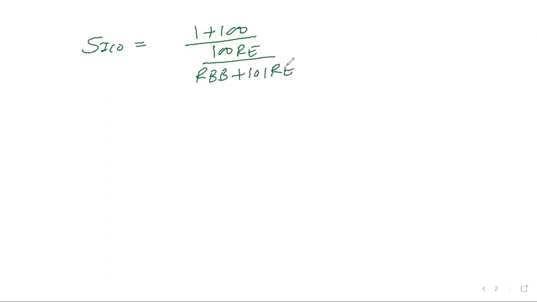I can write S is equal to 1 plus beta, that is 100, divided by 1, I will neglect. So in numerator, 100 times RE divided by RB plus, 1 plus beta means 101 times, no, it's just RE. And this is 10.